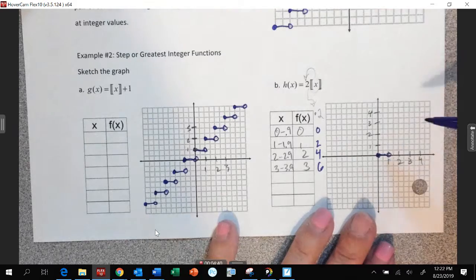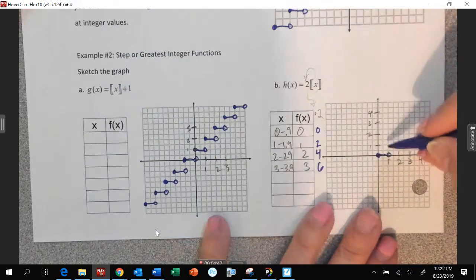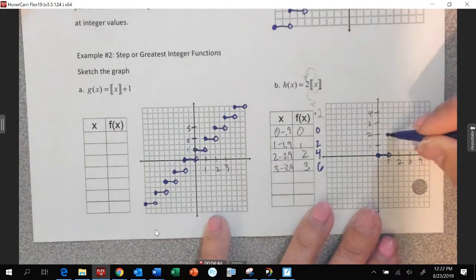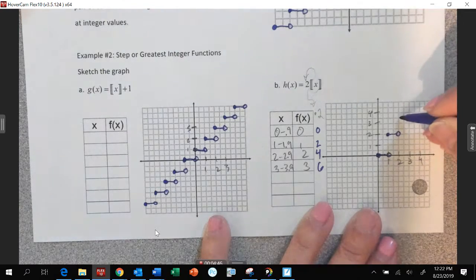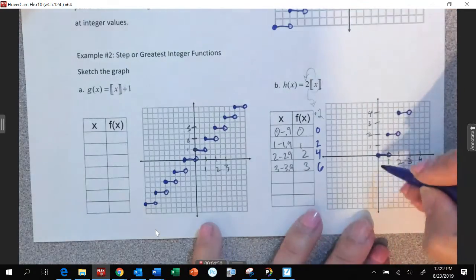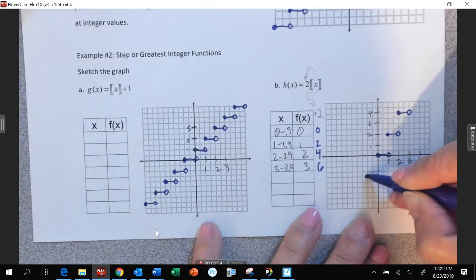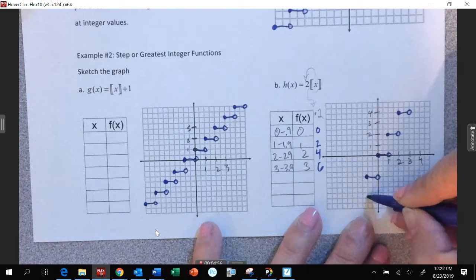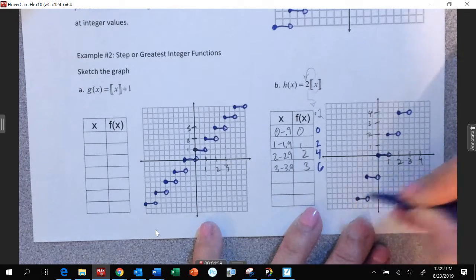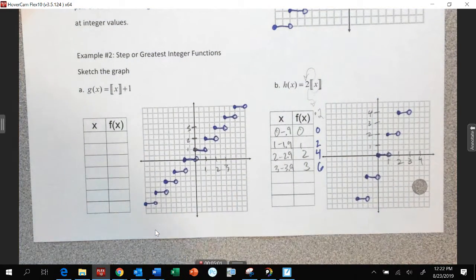So this one will have the exact same 0 to 1, but then it's going to jump up to 2 and jump up to 4. So as I follow my pattern, there's like 2 blocks in between each instead of 1. So that one had a vertical stretch on it.